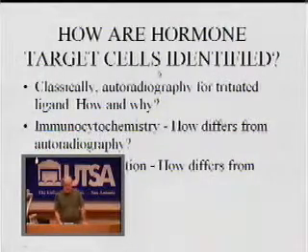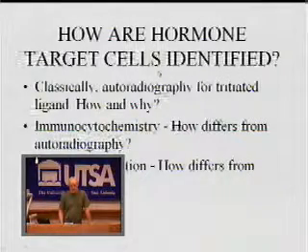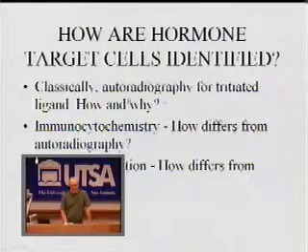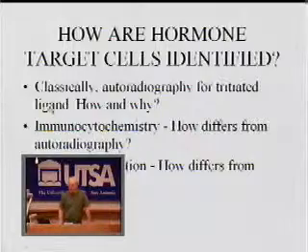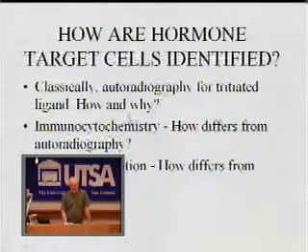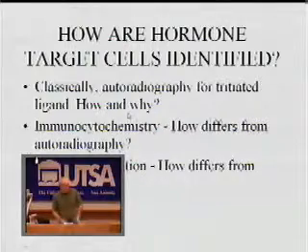So we just have a brief comment here and an illustration of how it would look, and then we'll talk about these methods such as autoradiography for the tritiated ligand, the tritiated synthetic hormones, how and why we can answer as we proceed.